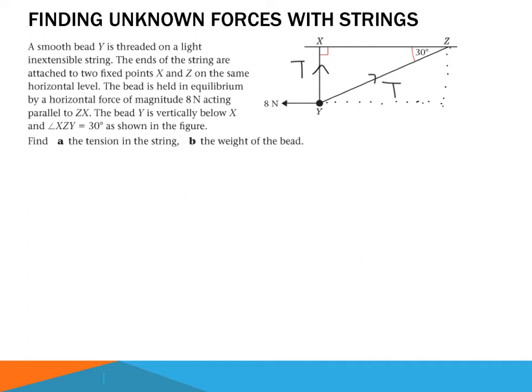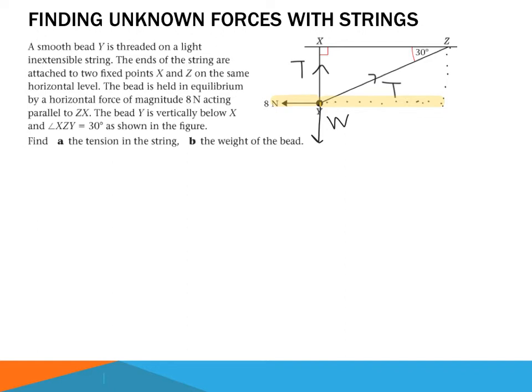After that, we're also going to have to consider the fact that the bead will have a mass, so it's going to have a weight going down, which we'll call W. Okay, so in our normal fashion now, we're going to start highlighting our horizontal and our vertical forces. So let's start off by doing the horizontal. We're going to have this component of the tension acting at an angle, and we've also got this 8 Newton force acting there.